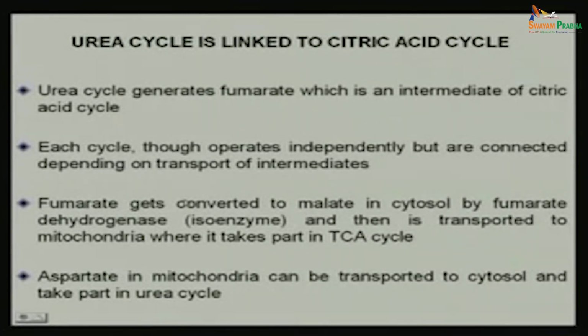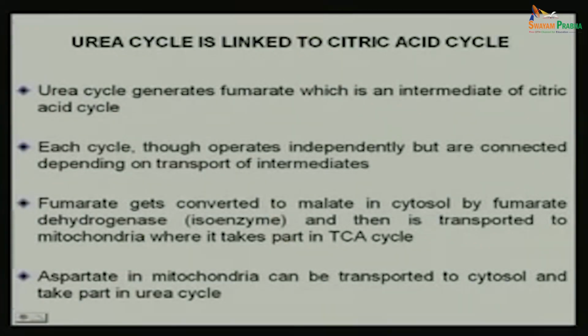Now, if we see this urea cycle, it can be linked with the citric acid cycle. As I have already mentioned, during this urea cycle we have seen the generation of fumarate, which is one of the intermediates of the TCA cycle. Each cycle, though it operates independently, is connected depending on the transport of intermediates.